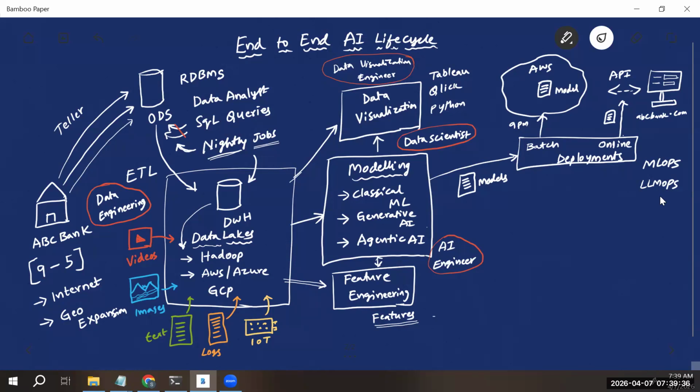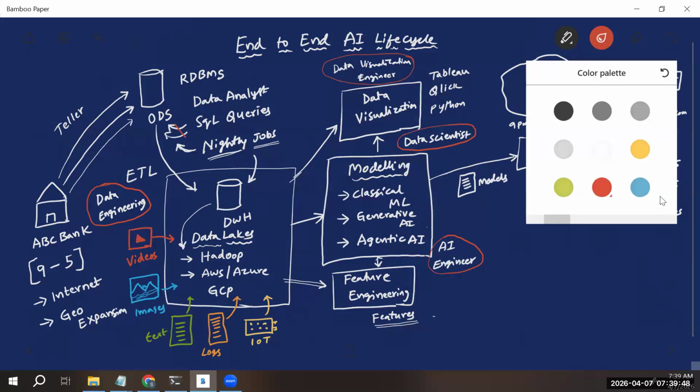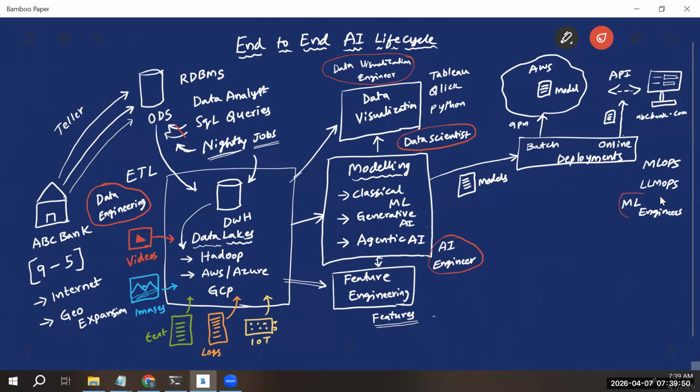And the people who work in this space are called ML engineers. The purpose of ML engineers or LLM engineers is how do I deploy the models into production?